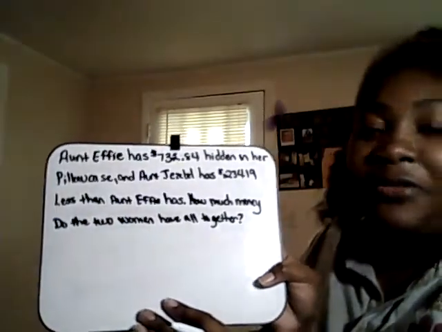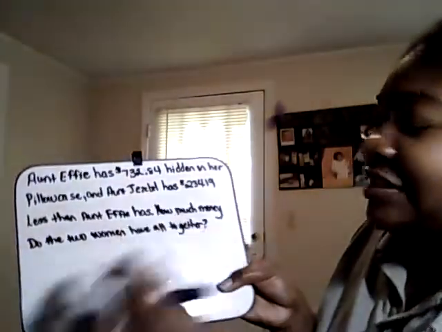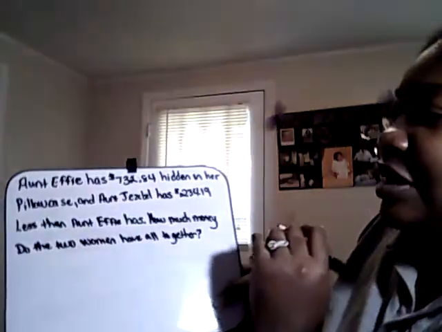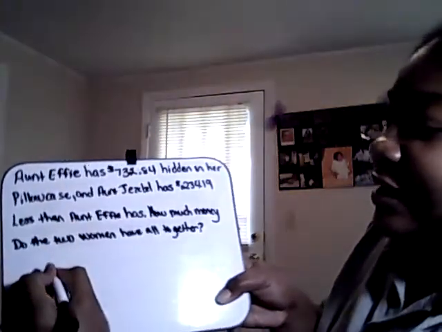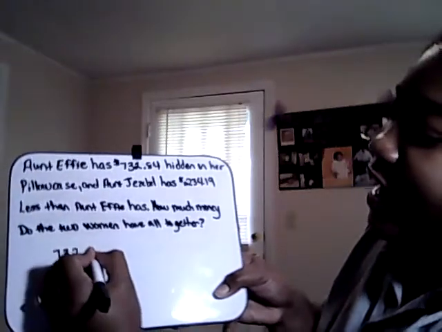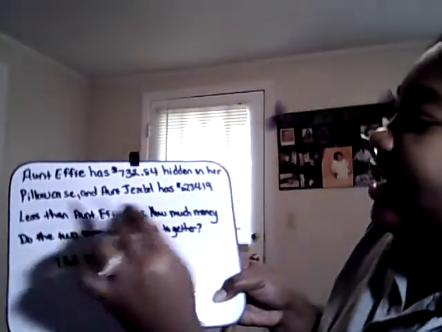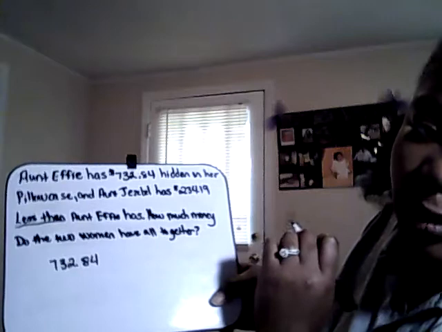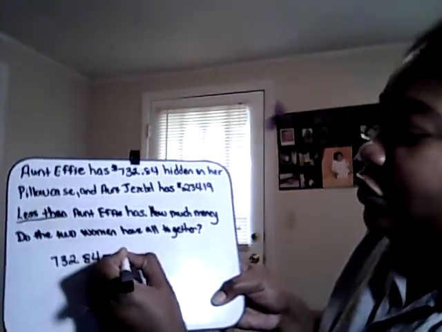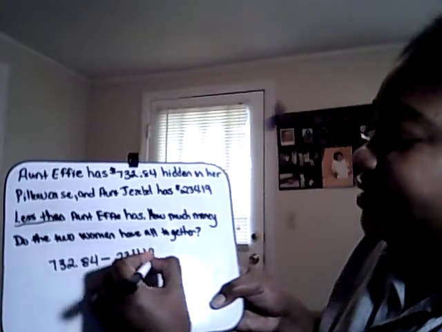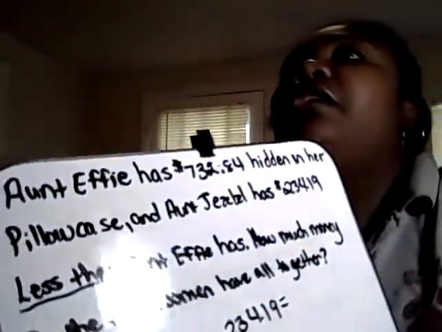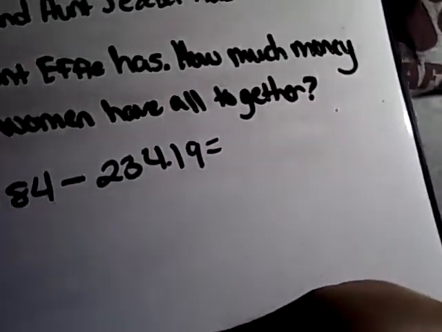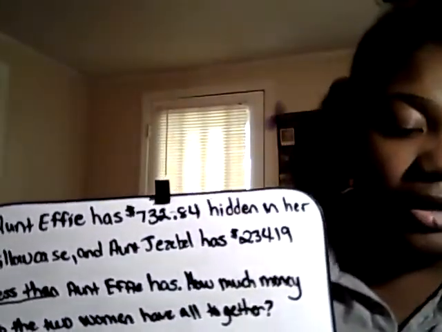All right, so let's go ahead and figure out how much Aunt Jezebel has. In order to do that, I'm going to take what Aunt Effie has, which is $732.84, and Aunt Jezebel has less than. That's our keyword right there, less than. And less than means I'm going to subtract. So I'm going to subtract $234.19. Let me get my calculator. Can't find my calculator right now.